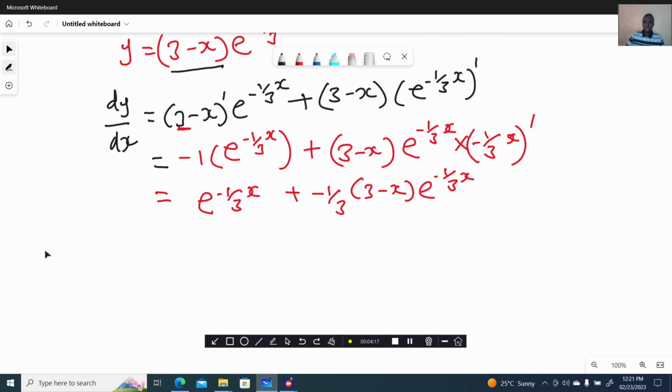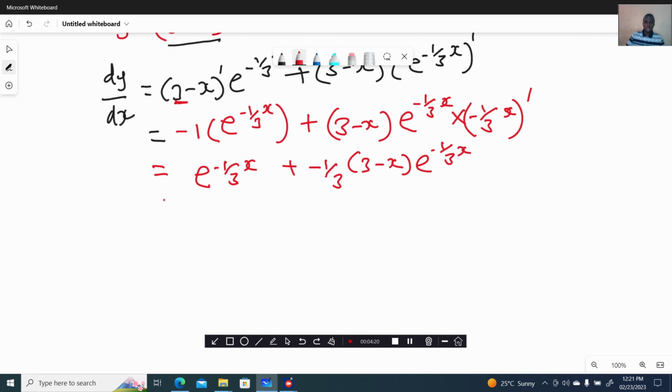Now let's solve it. So we can have e to the power of negative 1 over 3 x, into, this is a 1, this is minus 1 over 3 into (3 minus x).